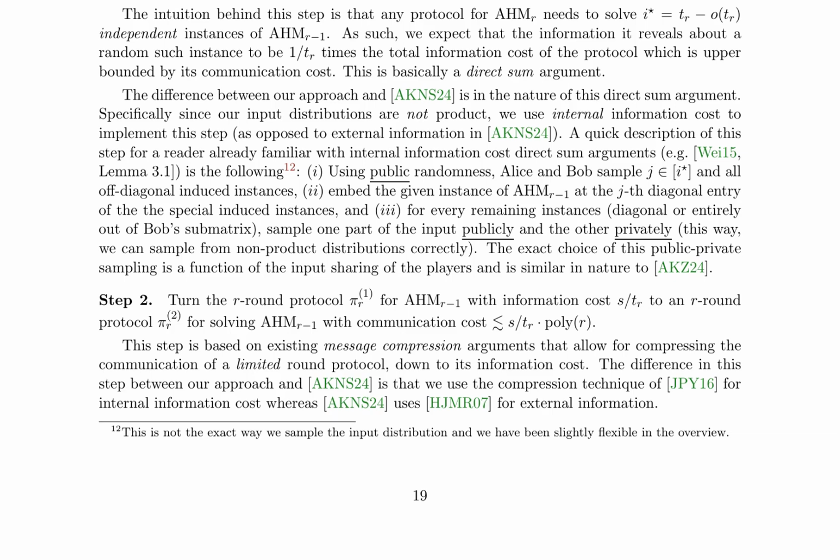Step 2 compresses the communication of the protocol using existing message compression arguments, specifically the technique of [JPY12]. Step 3 eliminates one round, incurring an additive factor on error probability, resulting in an (R-1)-round protocol for AHM_{R-1}.